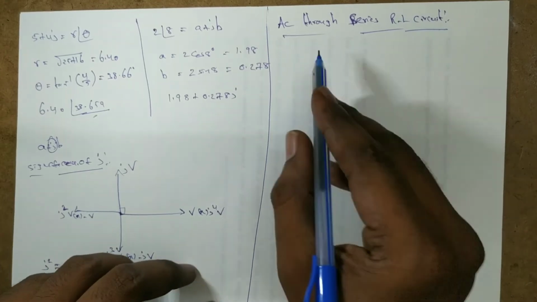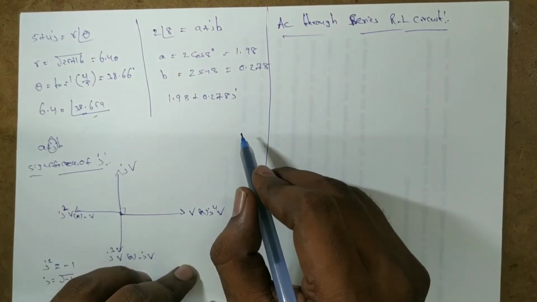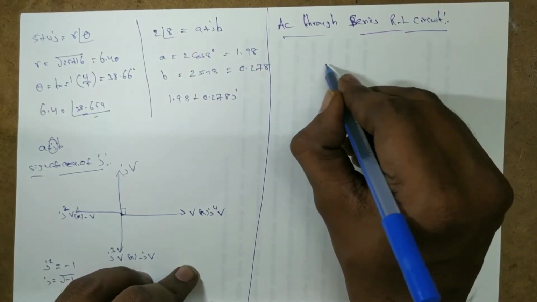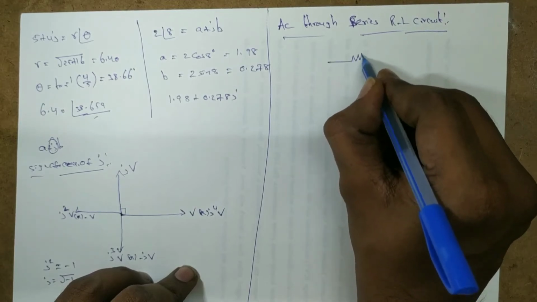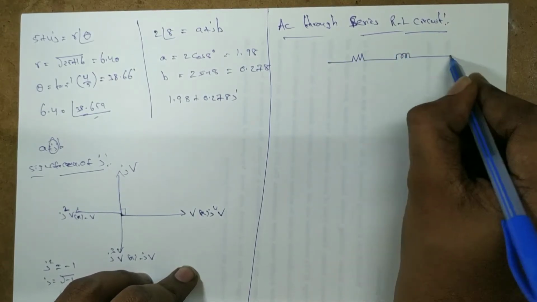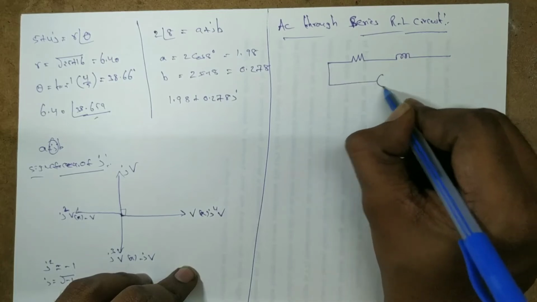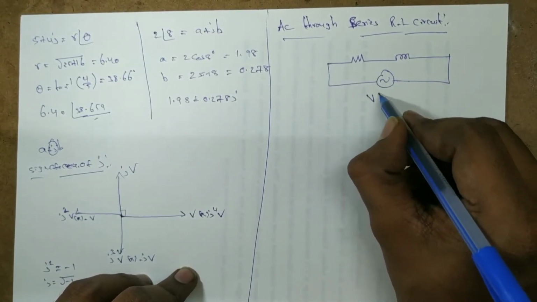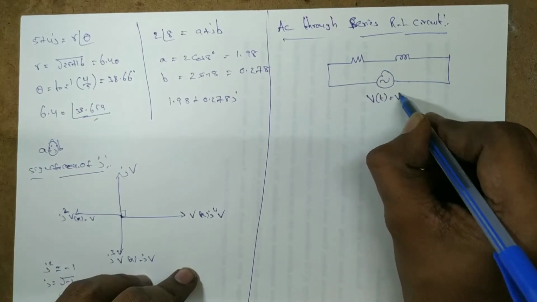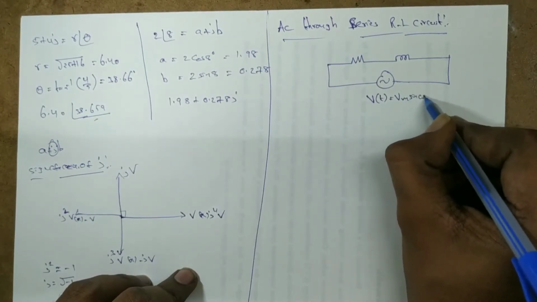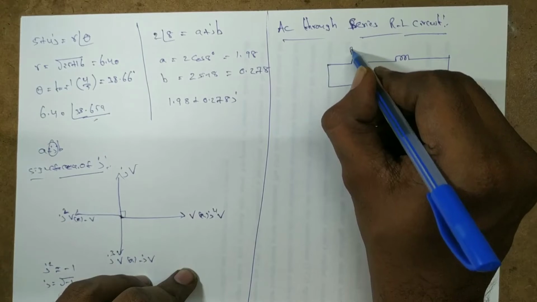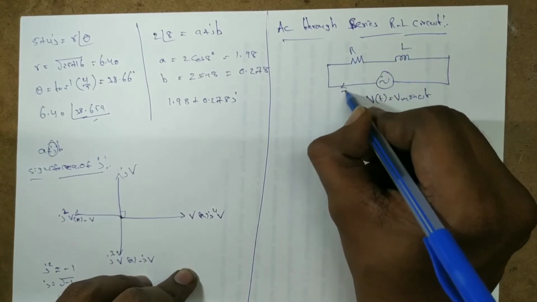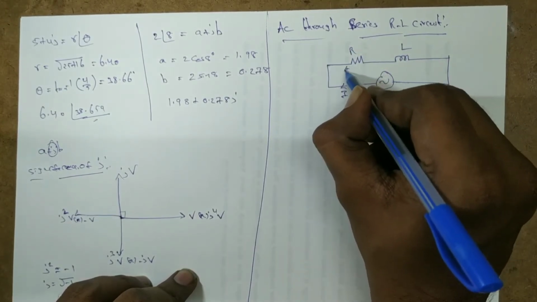Next topic, AC through series RL circuit. Let us consider the resistance and inductance in series for a given AC supply. So V equal to Vm sin omega t, V of t, that is the instantaneous value, where Vm is the maximum value, R is the resistive element and L is the inductive element, and current I is flowing in the circuit.